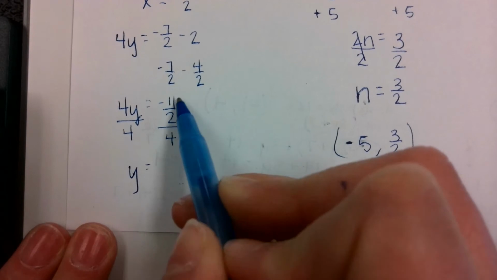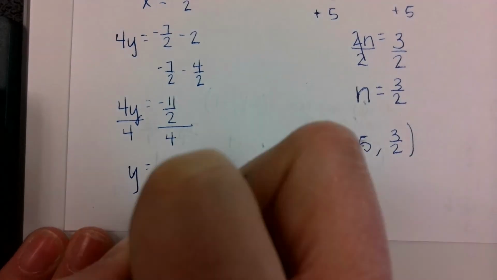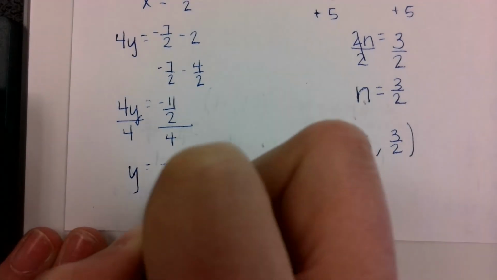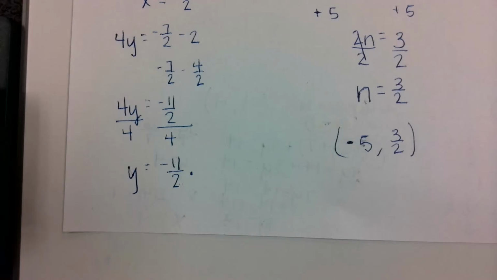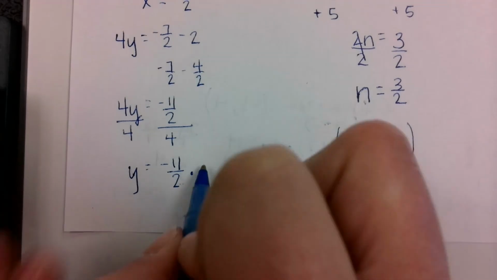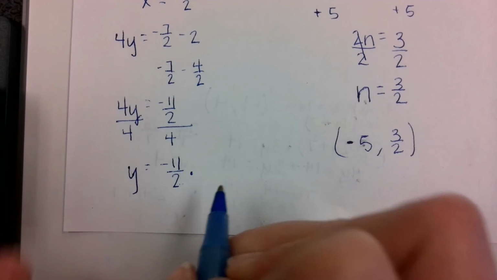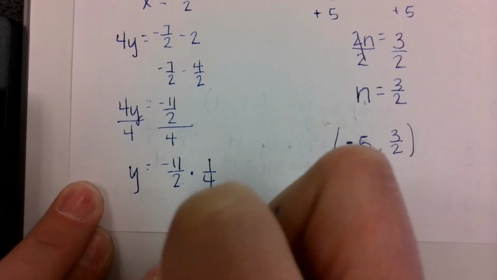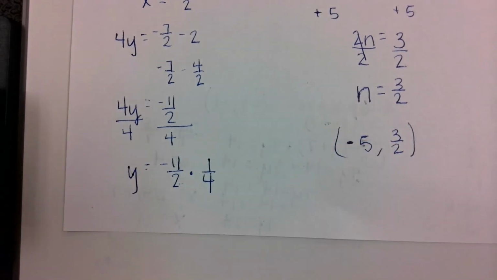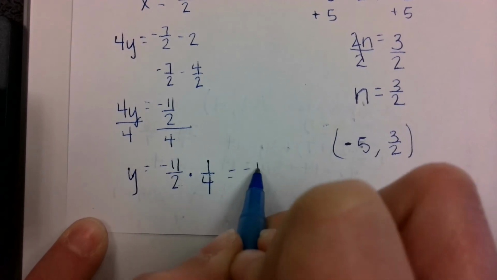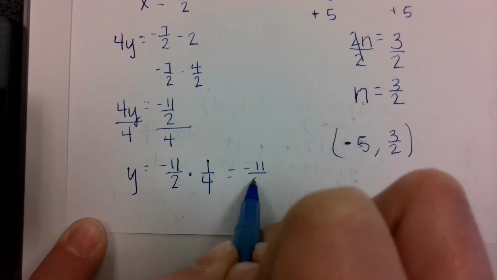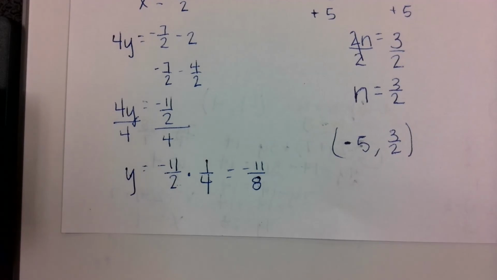If you're dividing by a fraction, you're multiplying by the reciprocal. So that's going to be negative 11 over 2 times, if we have 4, that's like 4 over 1. What's the reciprocal of that? When you flip it, what do you get? Somebody said it. Natalie, what do you get? 1 over 4. So then when you multiply straight across, negative 11 times 1, what do you get? 2 times 4 is 8. So y is going to equal negative 11 over 8.